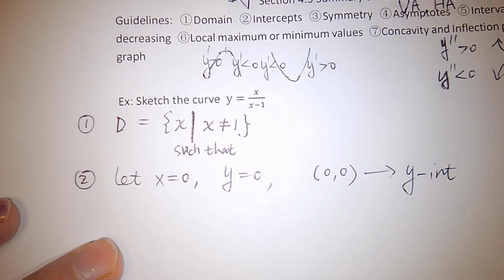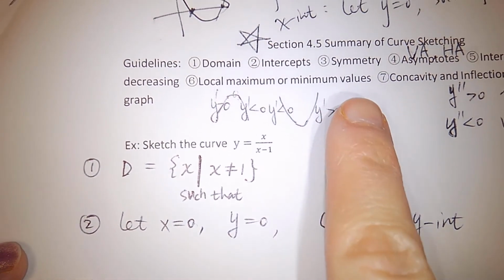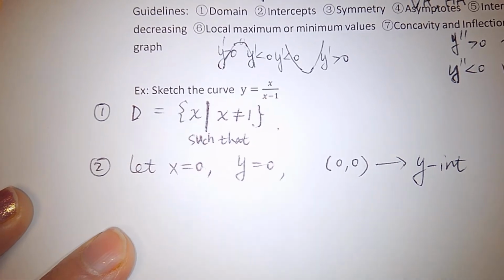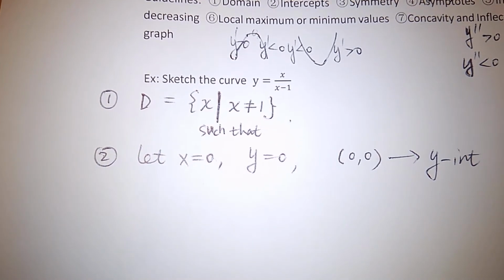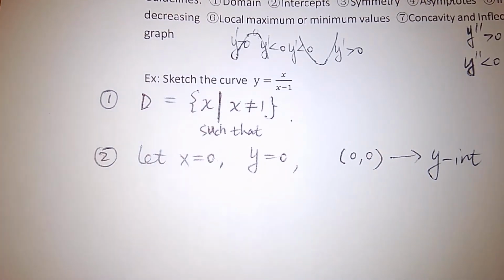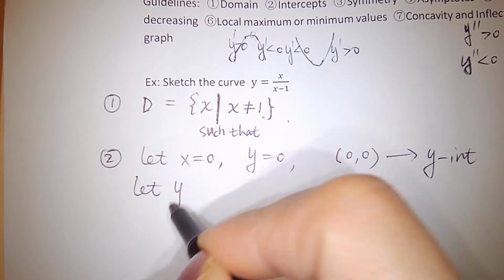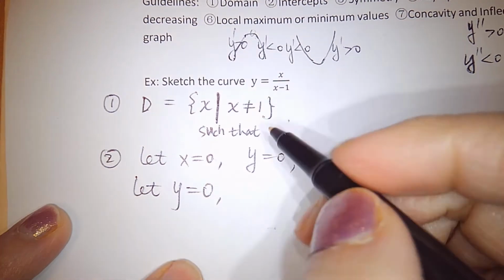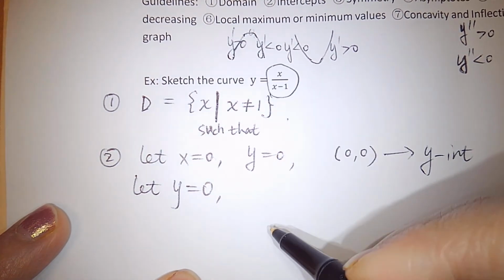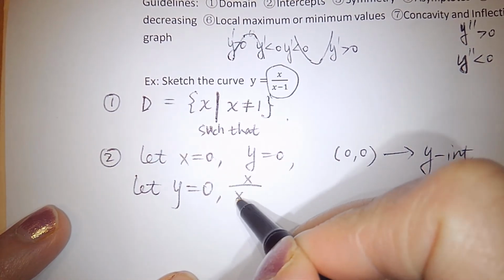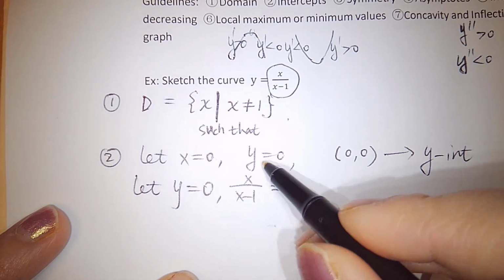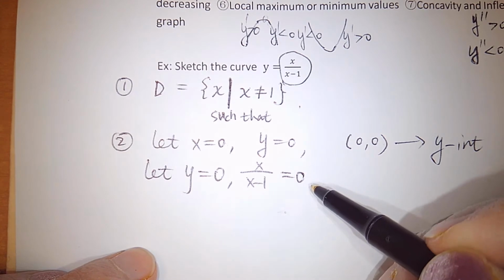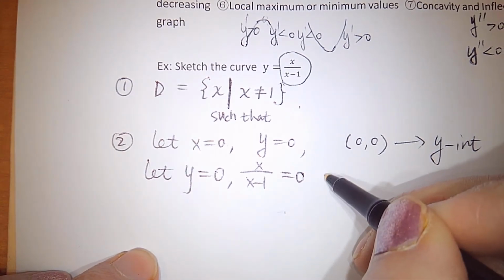Right? Alright, to find x-intercept, what should we do? We should let y equal 0 and solve for x. So if y equals 0, that means x over x minus 1 equals 0, right? And what x values will make x over x minus 1 equal 0?